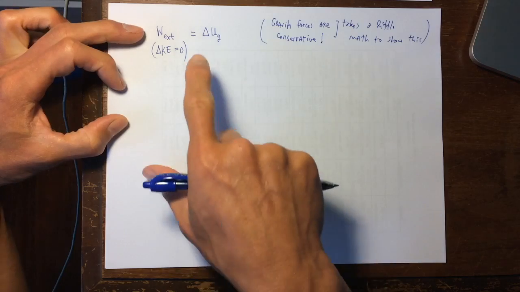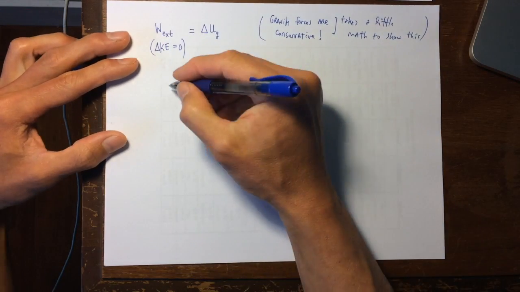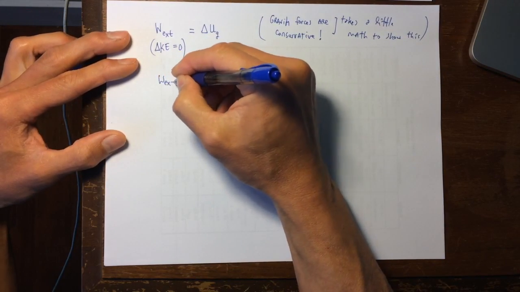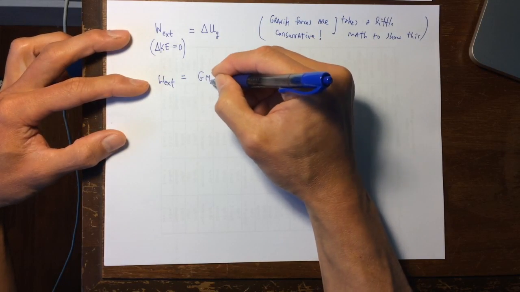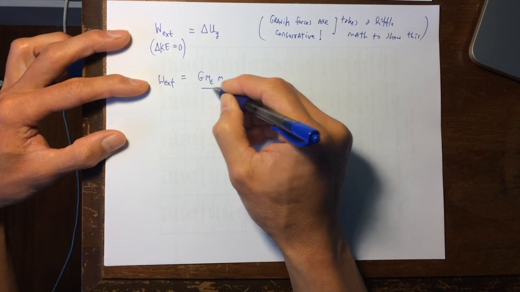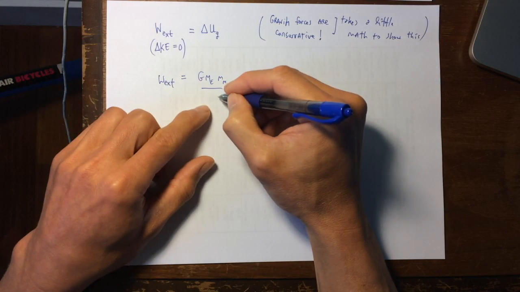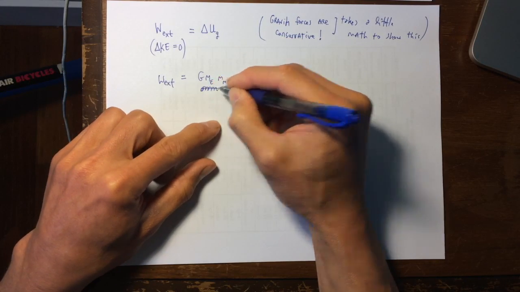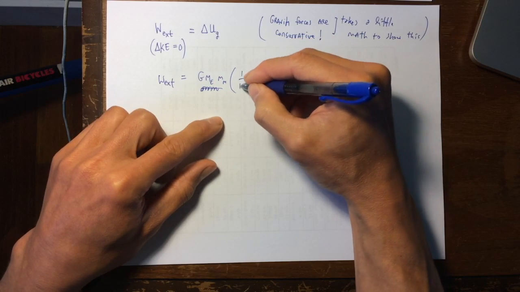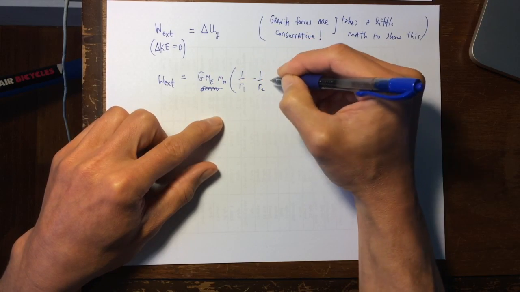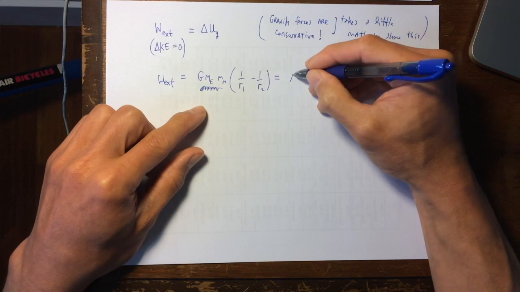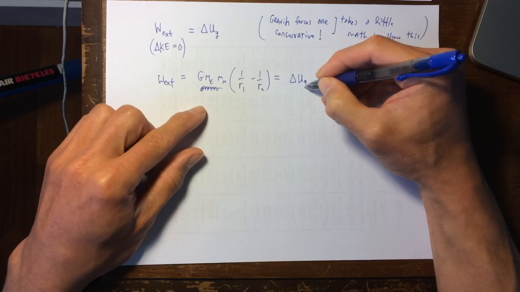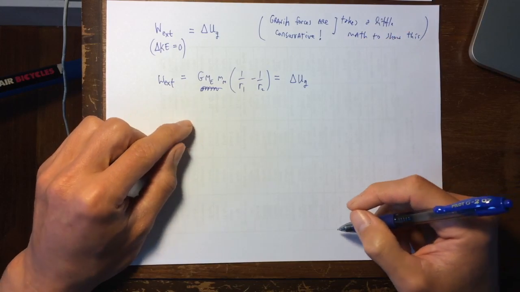So the point is we just calculated that the work done by an external force is equal to G, mass of Earth, mass of moon, multiplied by 1 over r1 minus 1 over r2. And we're going to say that this actually is the change in gravitational potential energy.